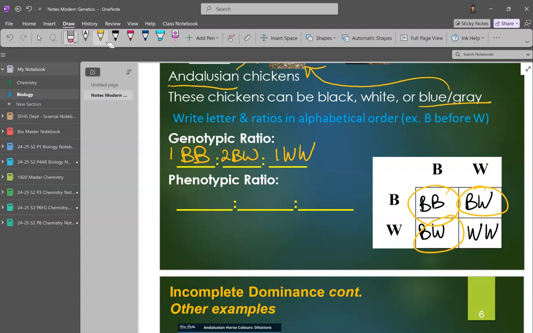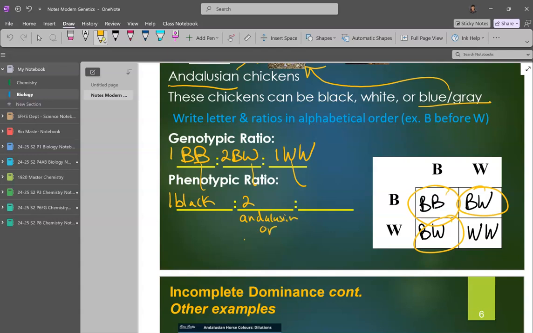And then the phenotypic ratio will actually match up perfectly with the genotypic ratio because unlike before with Mendelian genetics where there were two options, now we have three options. So we would have one chicken, which is black, two, and you could write here, you can say Andalusian.